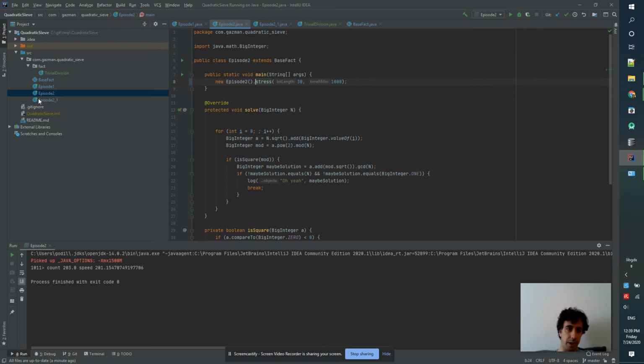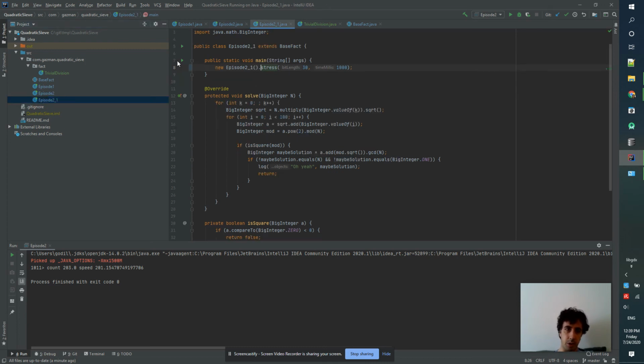Now we know that this optimization really works for small values of k. It can run much faster. So the results of this stress test are pretty random, I must say. The value before was higher. Interesting.